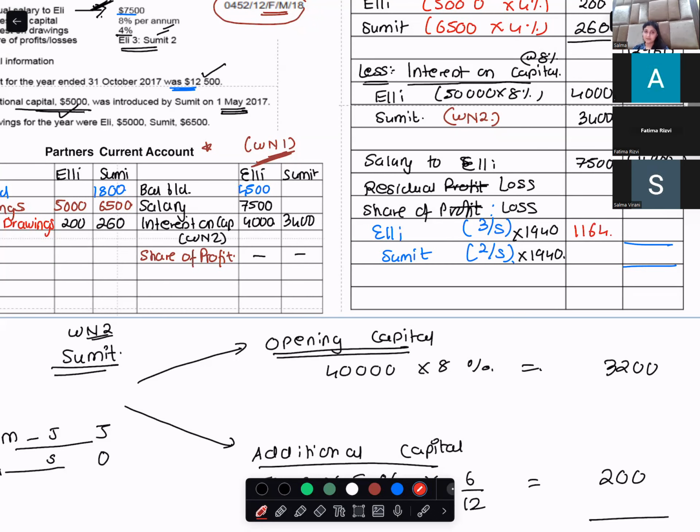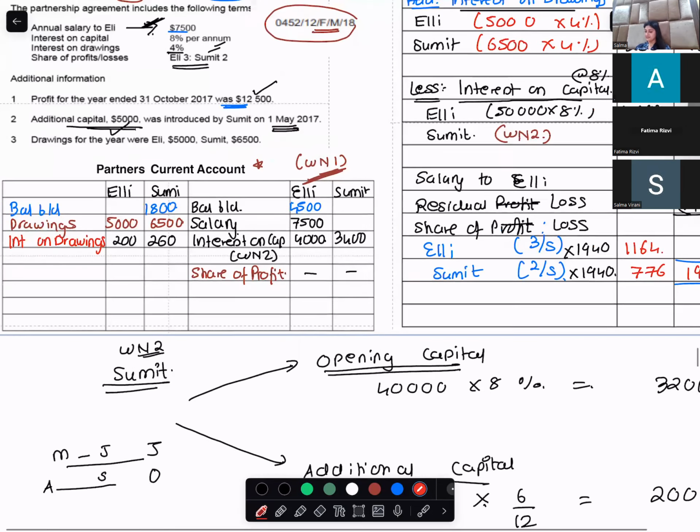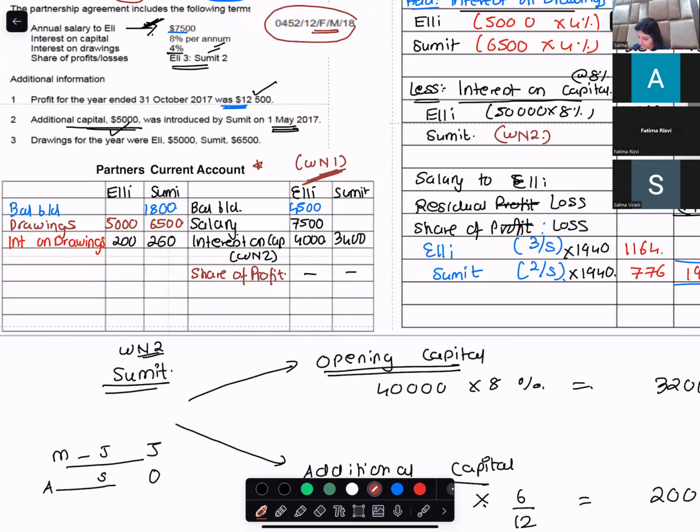And Sumit, yes, I'm doing it. 776. So I will write share of loss on which side?